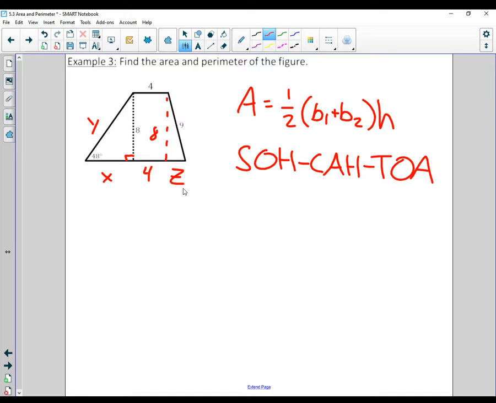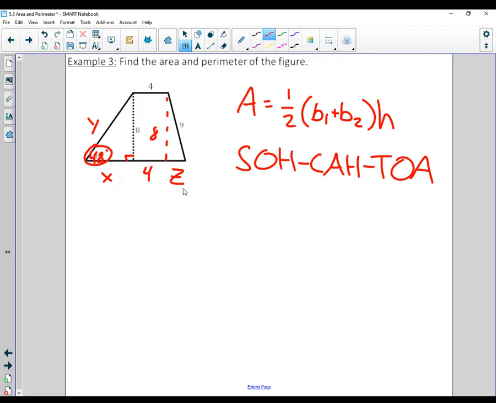Okay, I have this angle here, which says 48 degrees. That might be kind of hard to see, but that says 48 degrees. If I want to find X first, and I know 8, I want to involve the 8 and the X. 8 is opposite of that angle, and X is adjacent.